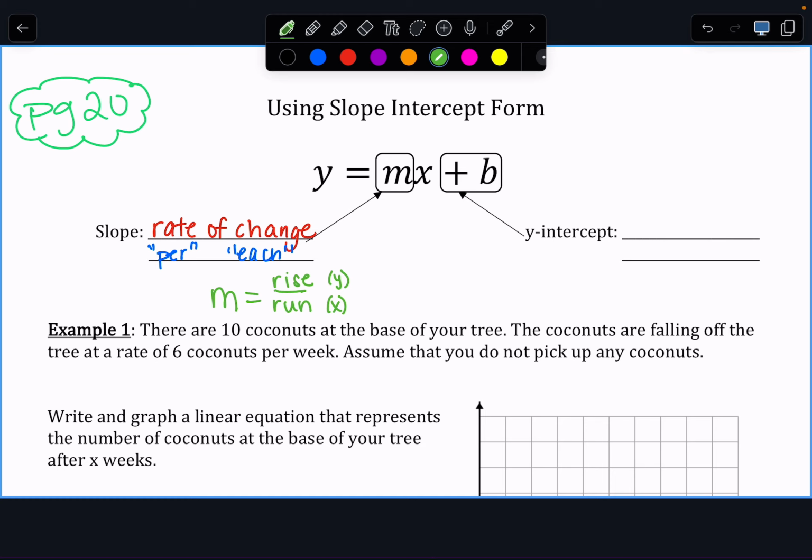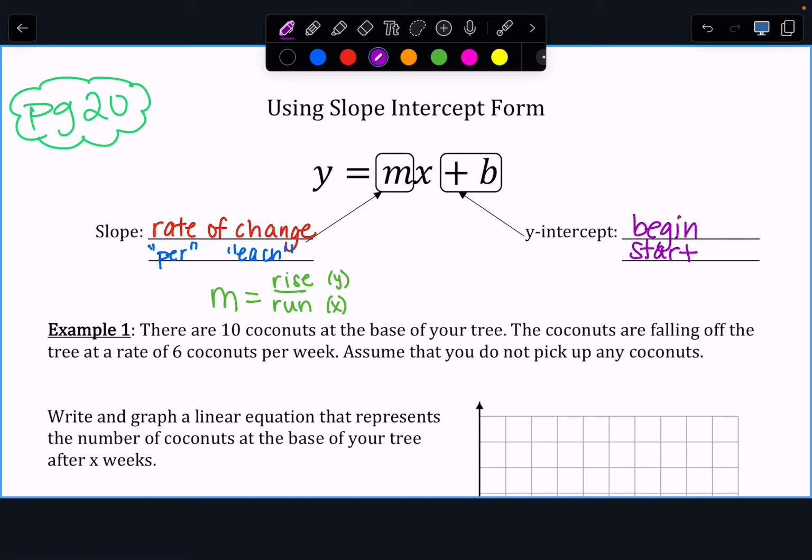Okay. Our y-intercept. What did I tell you about the y-intercept? It's where we go up and down. It started with a B. It's where we begin. It's where we start. Okay?